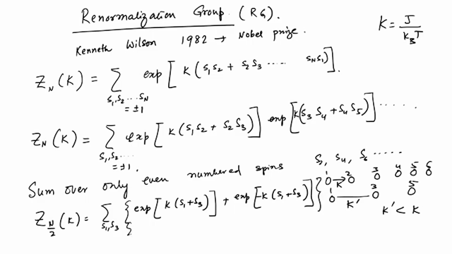And for the next term where we do it for S4, we get exponential K (S3 plus S5) plus exponential of minus K (S3 plus S5), and so on.